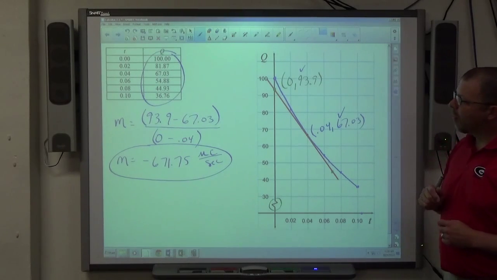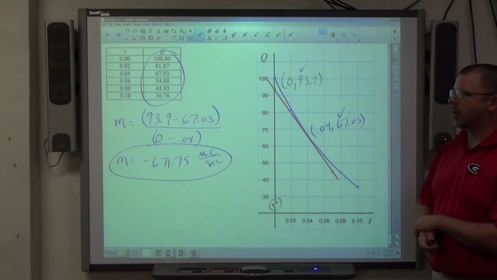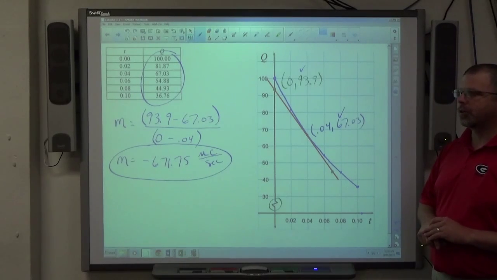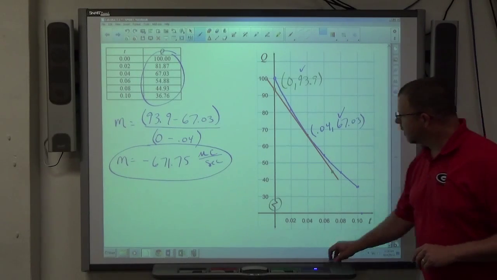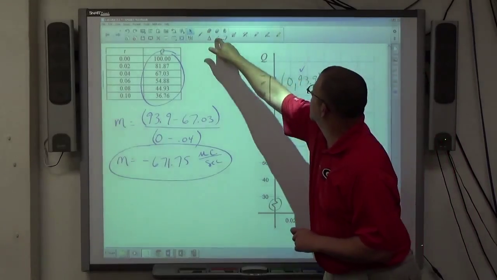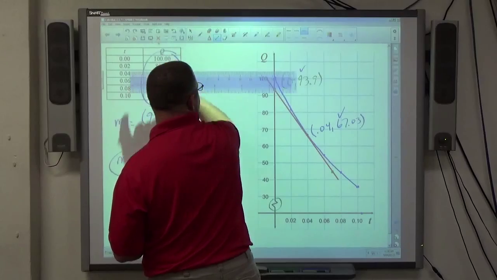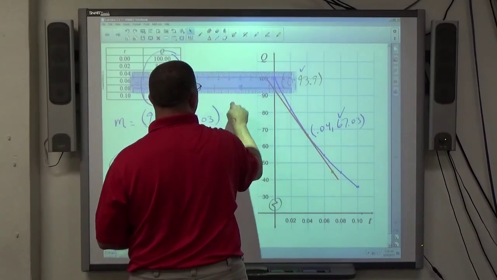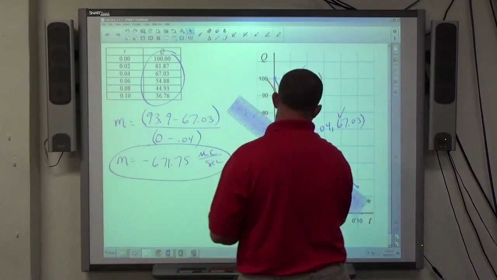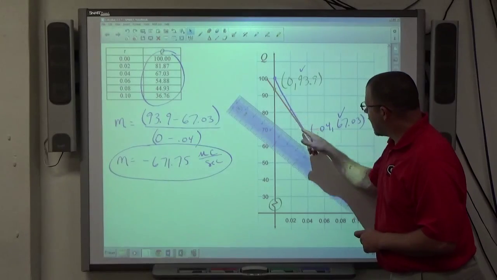Now, the way we would have done it in calculus is we would have picked values closer and closer and closer, right? So if we consider, take a look at this line right here. Let me get my ruler out again. Suppose I connected this dot and that dot.